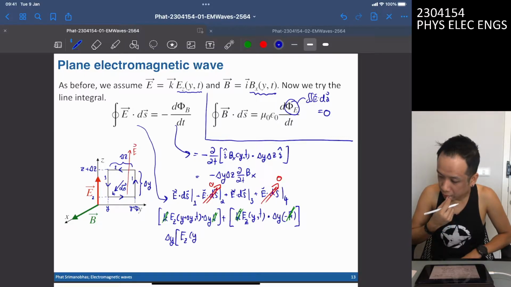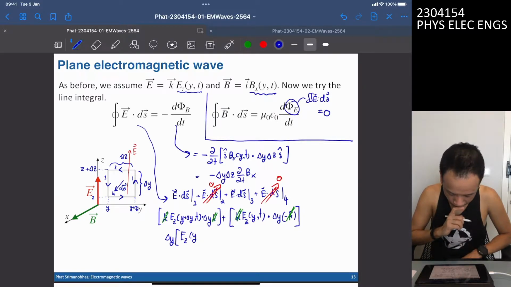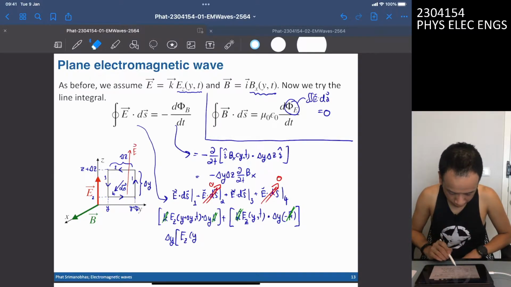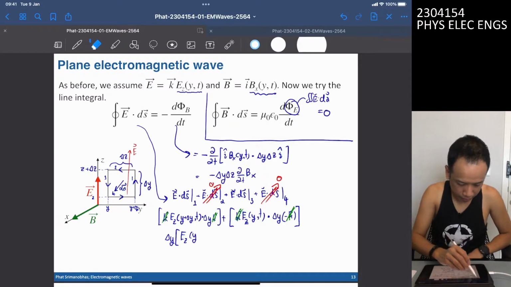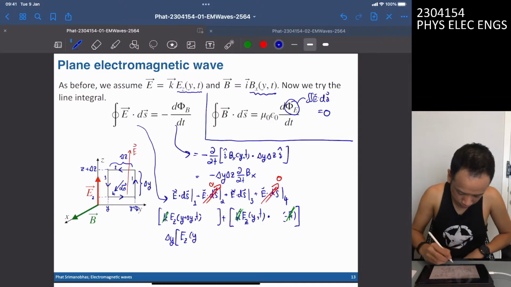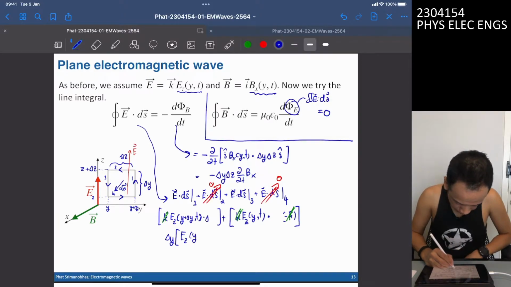Just a second. Sorry. We integrate over the c direction, so it should be the delta c.